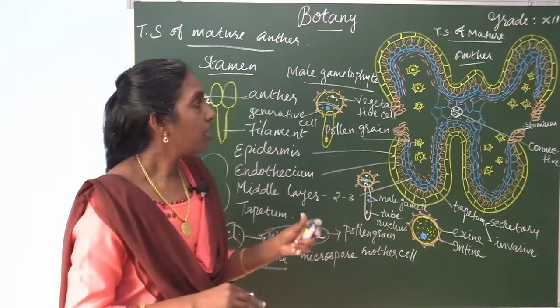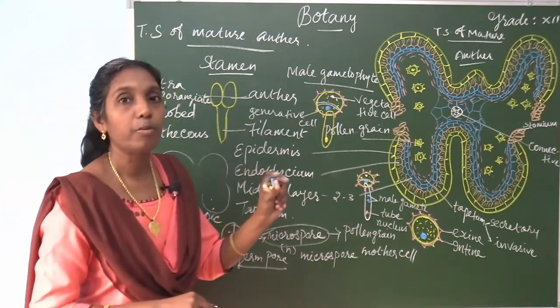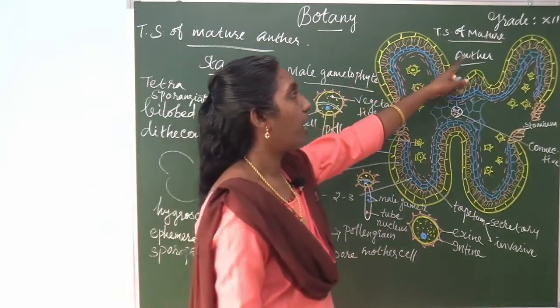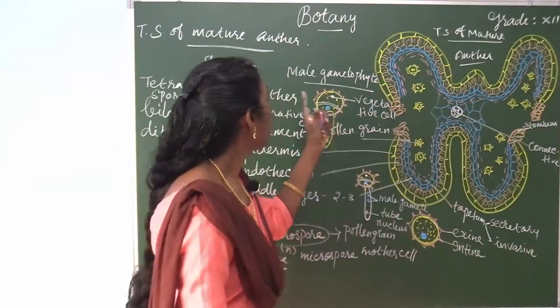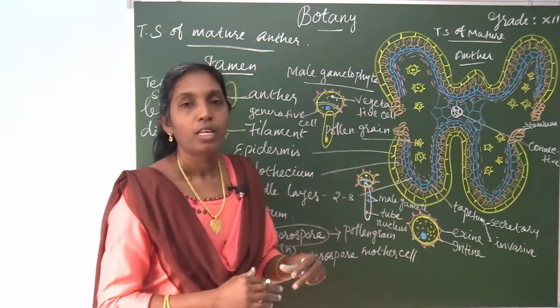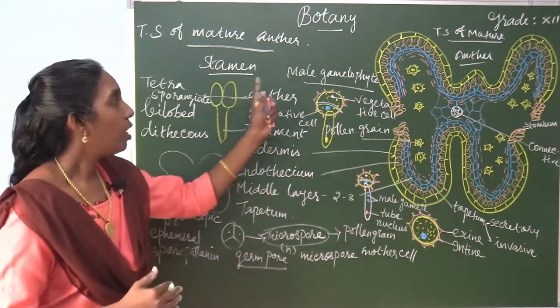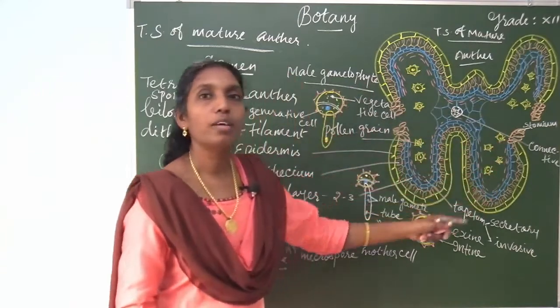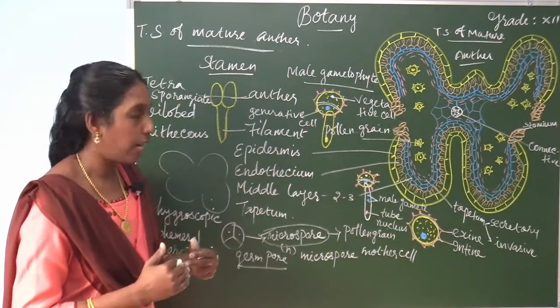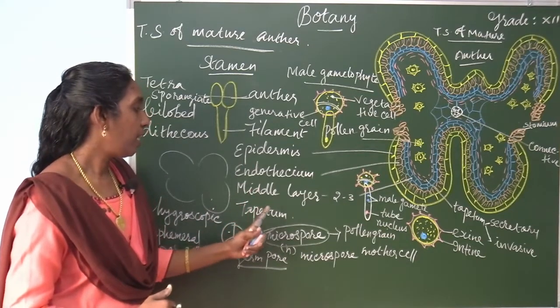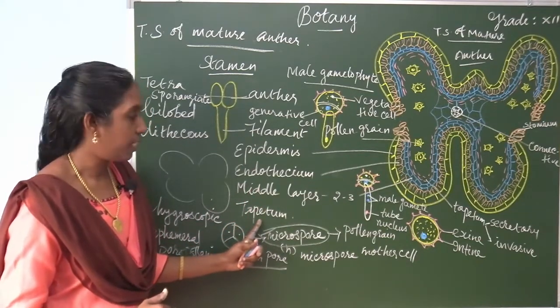Today you learned in detail about two questions: the TS of mature anther, and the male gametophyte. In the TS of mature anther, we give importance to the wall layers. There are four different wall layers, namely epidermis, endothecium, middle layer and tapetum.